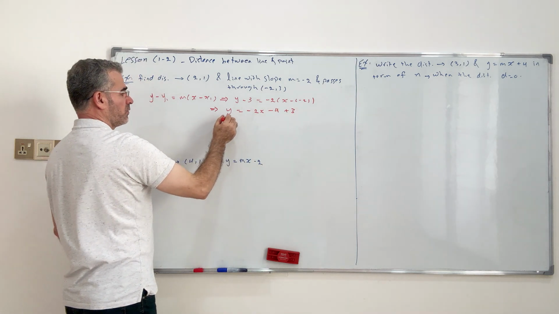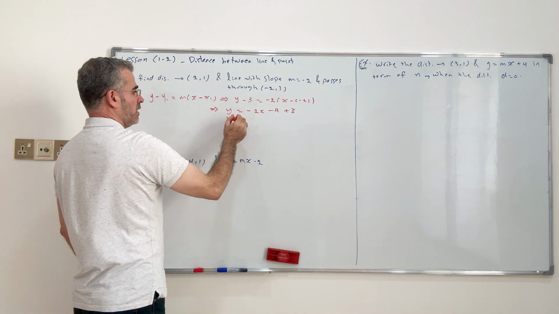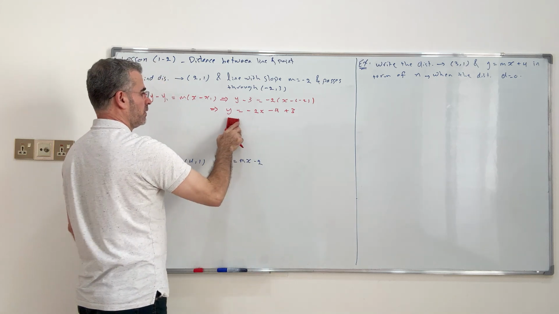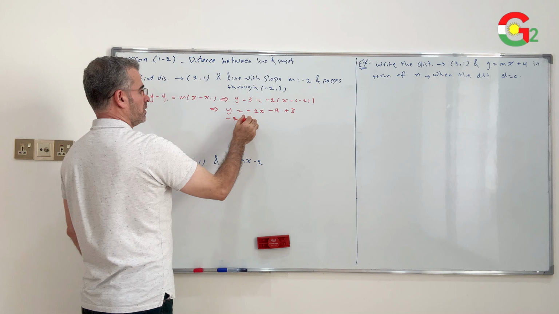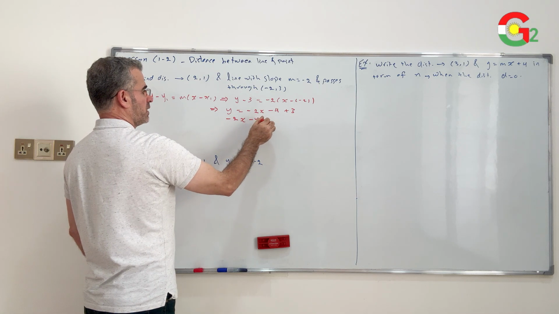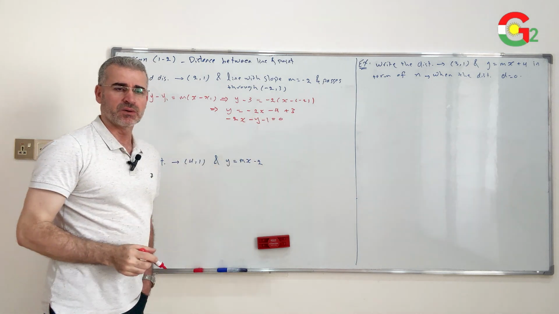Then the general form of this equation is -2x minus y minus 1 equal 0.